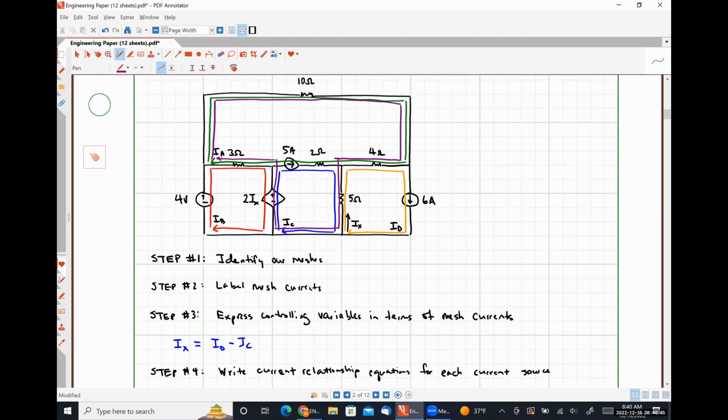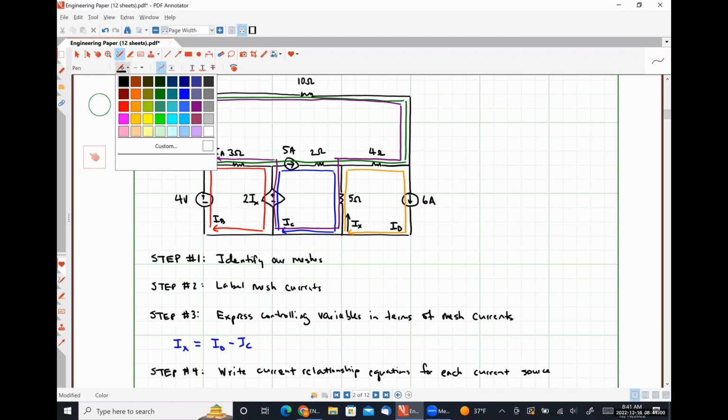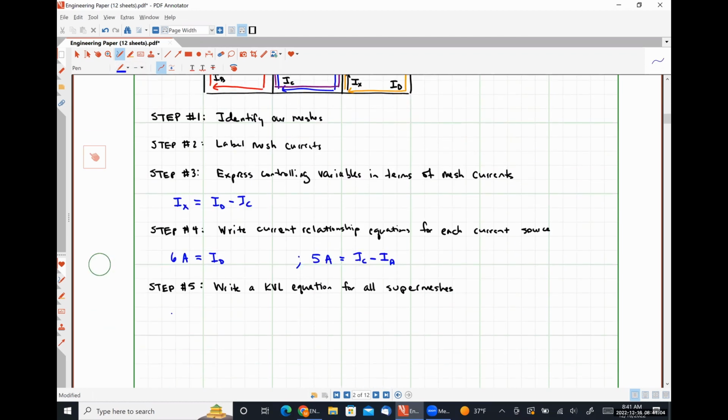So this purple path is going to be our super mesh path, and I'm going to call it super mesh AC because it contains the meshes A and C. So we're now going to write a Kirchhoff's voltage law equation around super mesh AC.